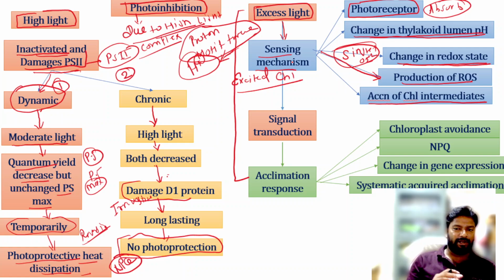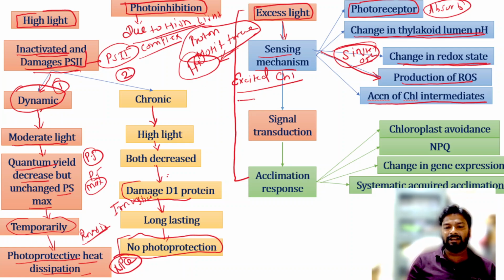So when high light is sensed by the plant, there is activation of photoreceptors, change in the thylakoid lumen, change in the redox status, means accumulation of glutathione, production of ROS, and accumulation of chlorophyll intermediates. So these changes occur in the plant.